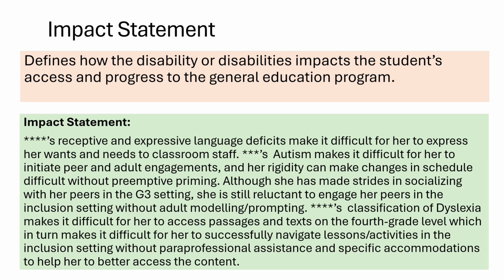Continue reading. Autism makes it difficult for her to initiate peer and adult engagements, and her rigidity can make changes in schedule difficult without preemptive priming. This tells me a lot of things. One of the things I pick up on is that maybe schedule changing is hard, so maybe we're going to have the accommodation of notifying the student of a schedule change.